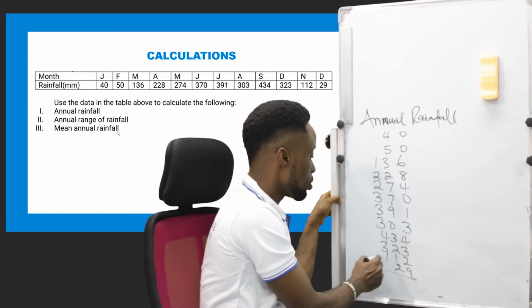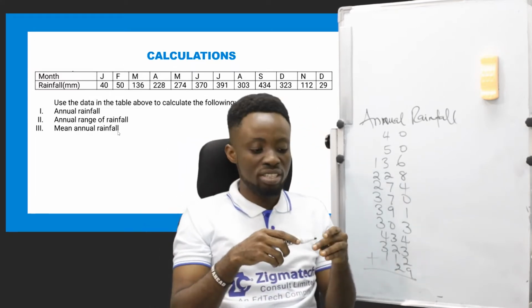Plus 29. So to get the annual rainfall, we simply what?